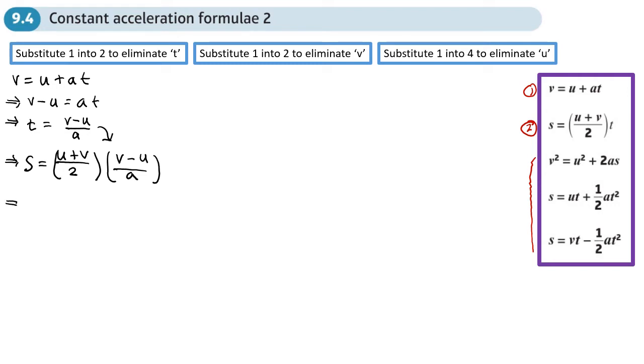Now, if I just rewrite this equation as (v plus u) over 2 times (v minus u) over a, you'll notice that this is the difference of two squares. So if I multiply this all out, I will get s equals (v squared minus u squared) all over 2a. Just multiplying it out like that.